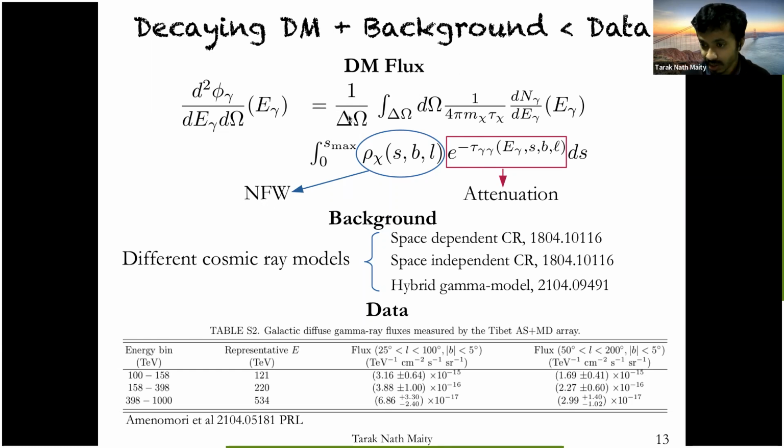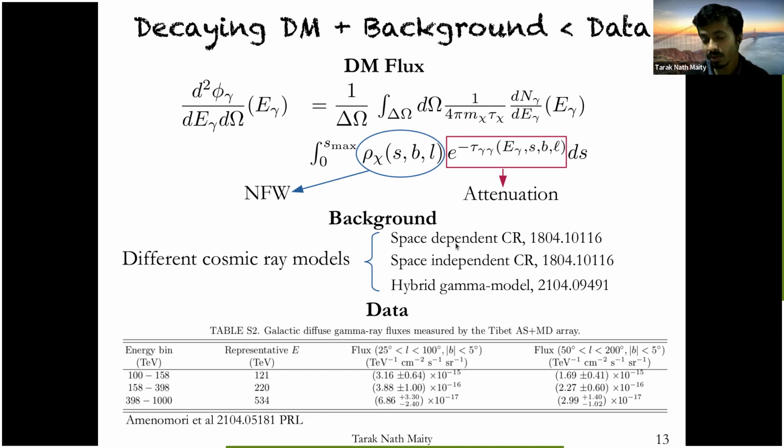As I said earlier, there is cosmic ray physics. We don't know which model is the true one, so we have taken 3 different benchmark models for the cosmic rays: the space independent model, the space dependent model, and the hybrid gamma ray model.